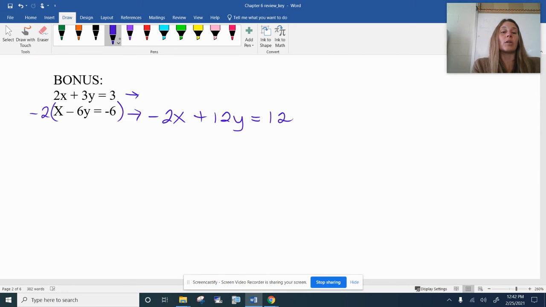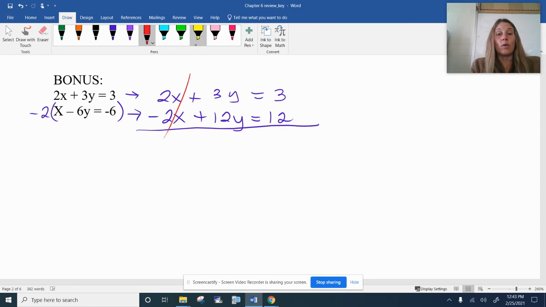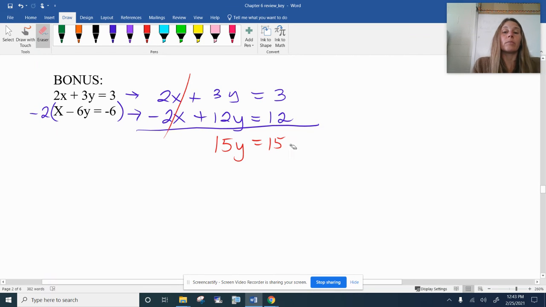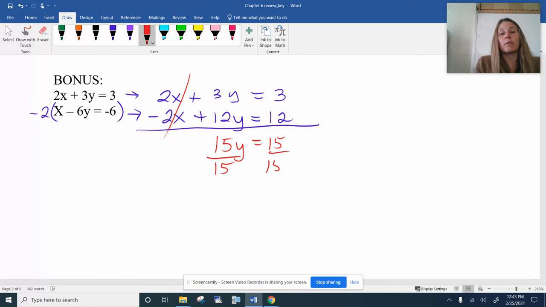The first equation, I'm just going to leave it. And now I notice when I add these, my x's cancel. I end up with 15y equals 15. So then I'm going to divide by 15 and y equals 1.